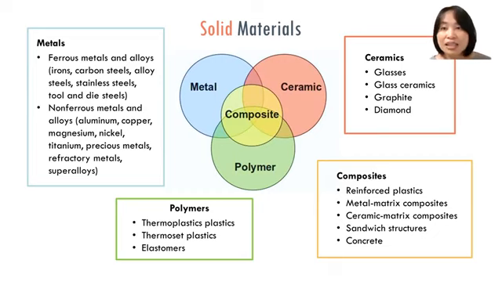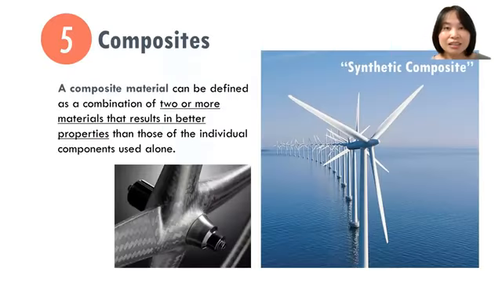Right, let's know more about composite material. Composite material is defined as the material that combines two or more materials together that results in better properties than those of the individual components used alone in a particular application.